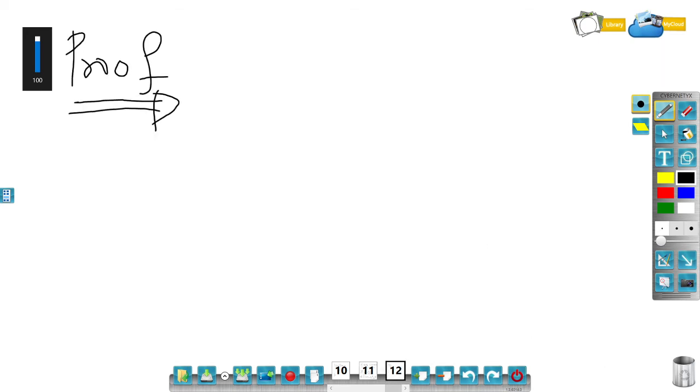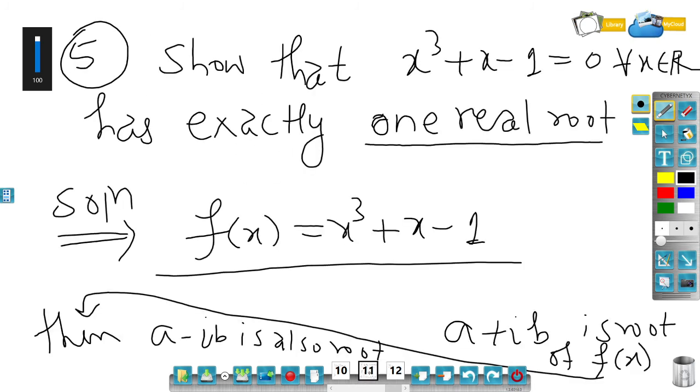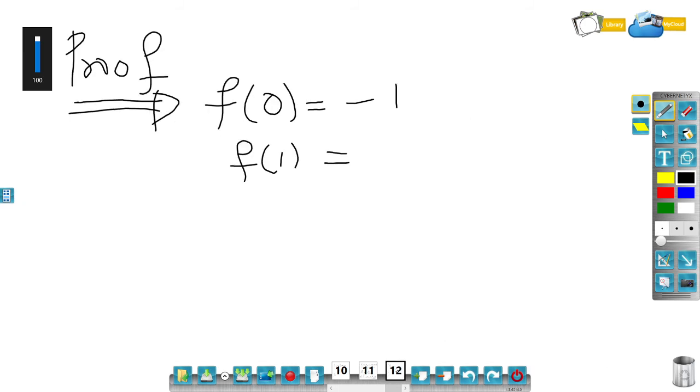So you can see that here f at 0, what is f at 0? F at 0 is minus 1, and f at 1, what is f at 1? It's 1. It is less than 0 and it is greater than 0. So by the intermediate value property, also f is continuous, because we need to know that f is continuous.